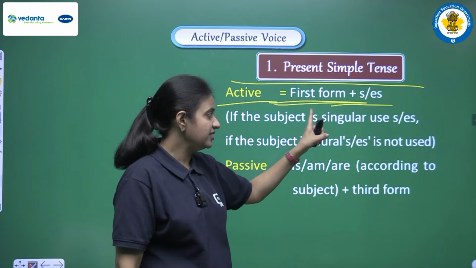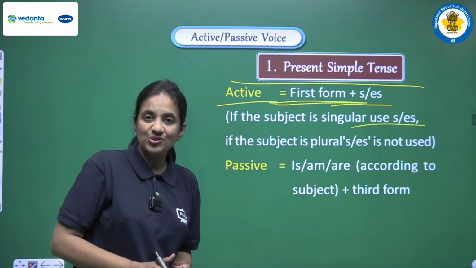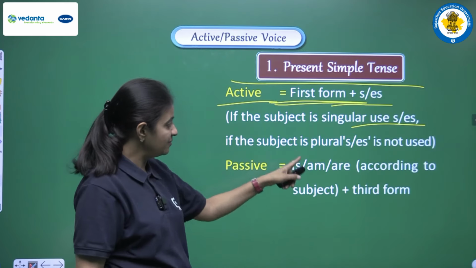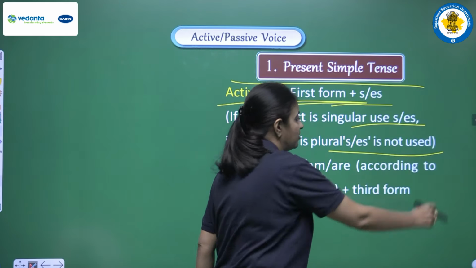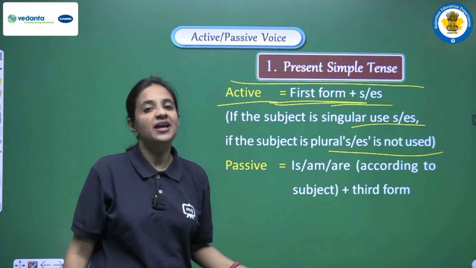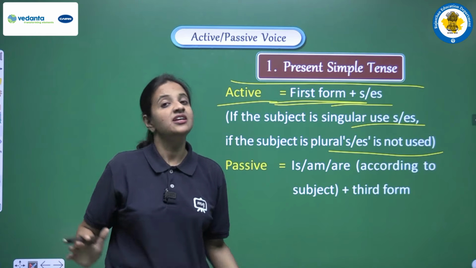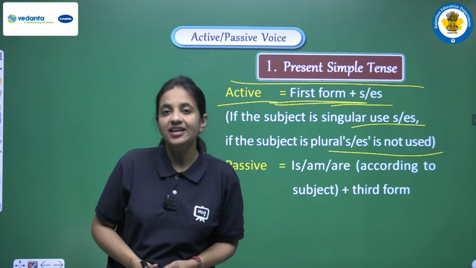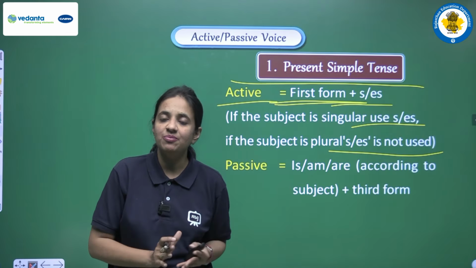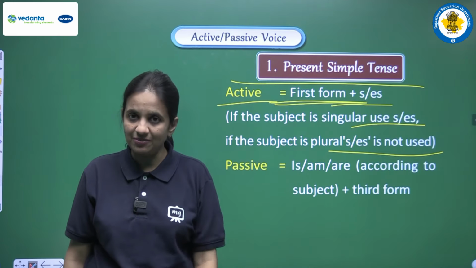So if the subject is singular we have to add s or es with first form. If the subject is plural, s or es won't be used, and we will write only the first form of the verb, and then we will be able to identify that yes, this is present simple tense. Now we have to learn that if we have present simple tense in active voice, then what are the changes in helping verb that we have to make.